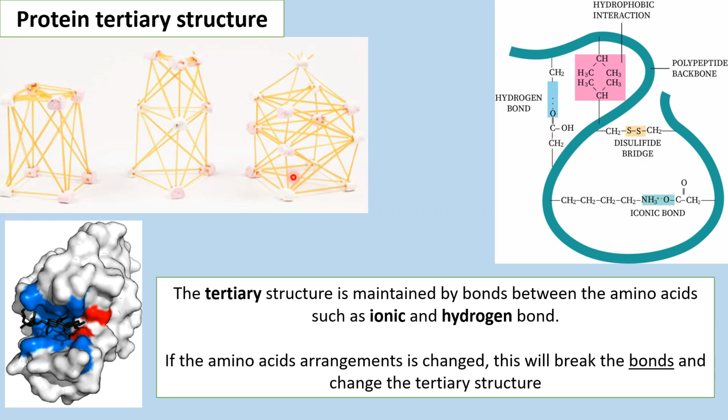So just like if we rearrange the spaghetti's arrangement, and if you rearrange the marshmallow's position, you make a different connection, and that will change the shape. In the same way, if you start to rearrange and change the order and the sequence of amino acids, you will disrupt the bonds and make a different kind of bond, and that will change the structure.